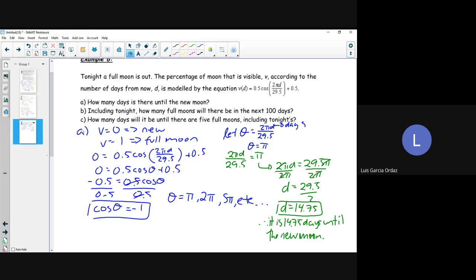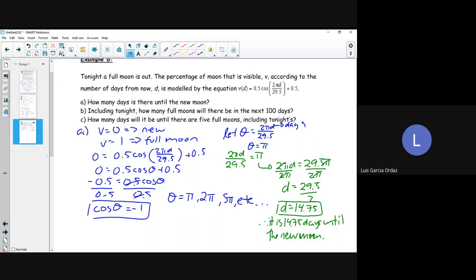Student: I'm kind of confused about what you did with the whole theta thing. How did you get theta equals pi? With any problem, you can always have a let statement. So in this case, we let the bracket be our theta. So we let theta equal to 2 pi times d over 29.5.